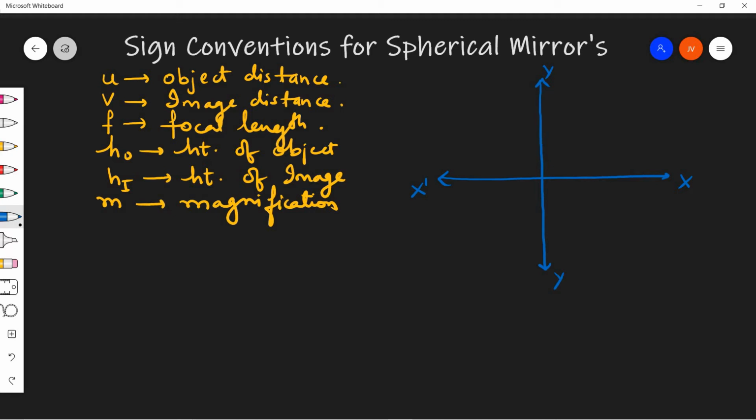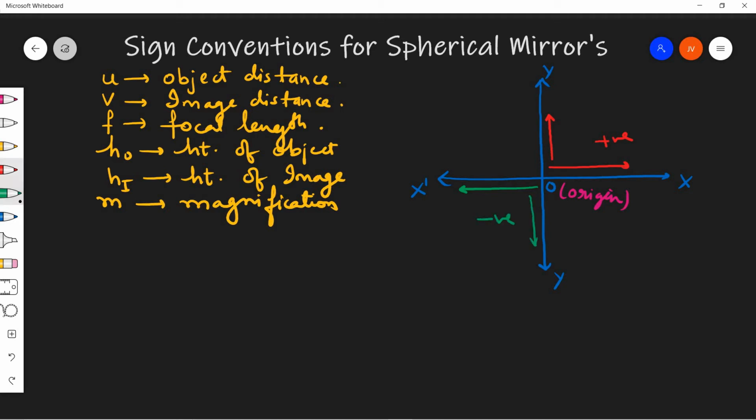The point of intersection of the horizontal and vertical line is known as origin. And according to René Descartes, all distances to the right of origin or right of y-axis, and above x-axis are taken positive. And all distances to the left of origin or left of y-axis and below x-axis are taken negative.